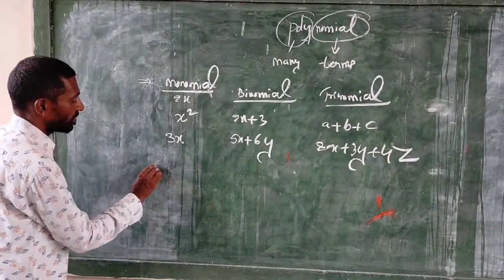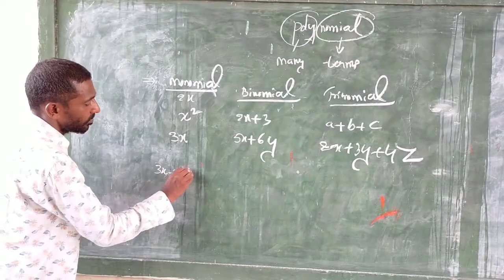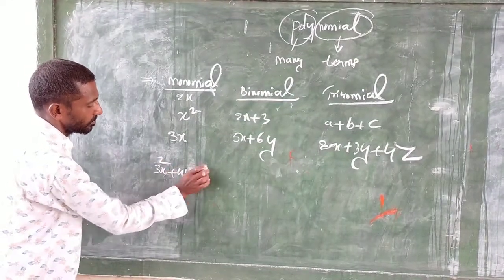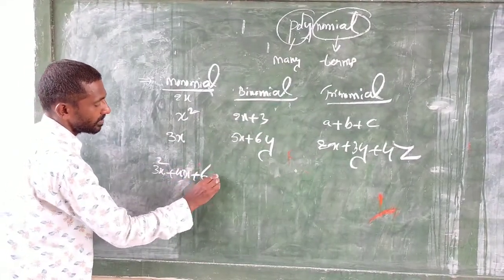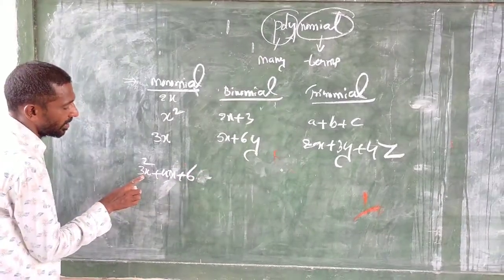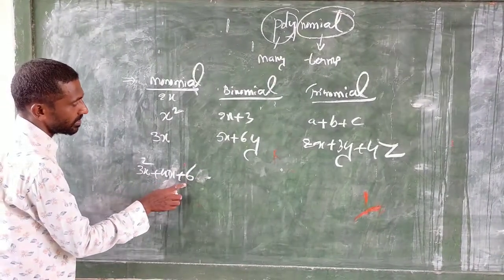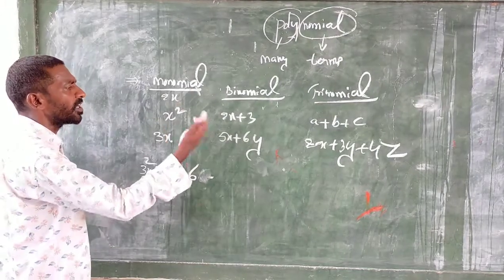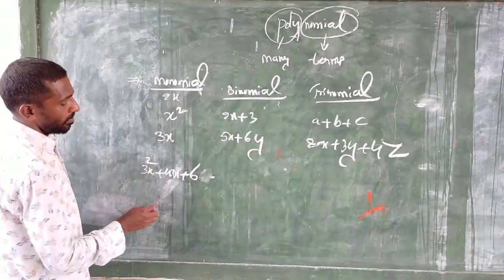For example, 3x square plus 4x plus 3. One term or more than one term is called a polynomial.